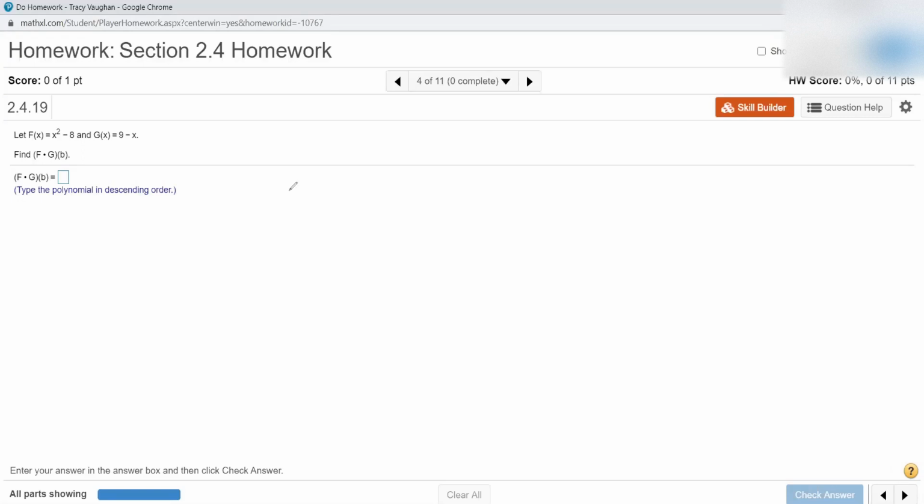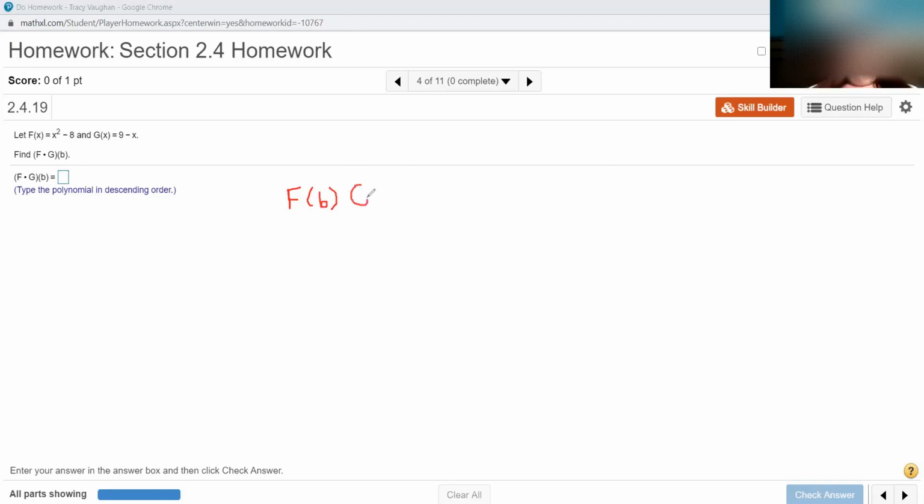So let's see. Now, even though that's a b rather than a 2 or a 7, how do we find it? Well, you go to your f function, and everywhere you see an x, you plug in b to find f of b.